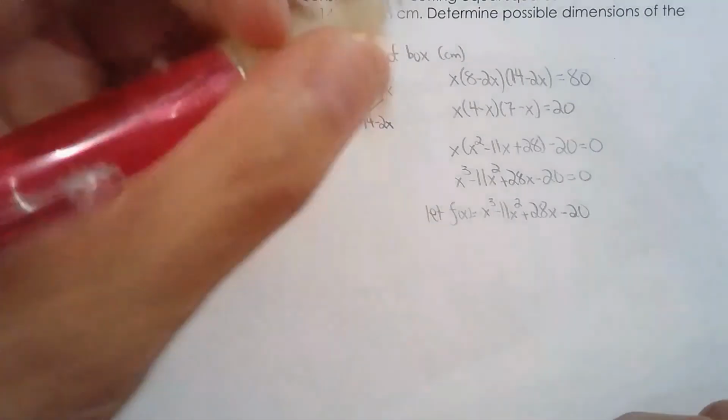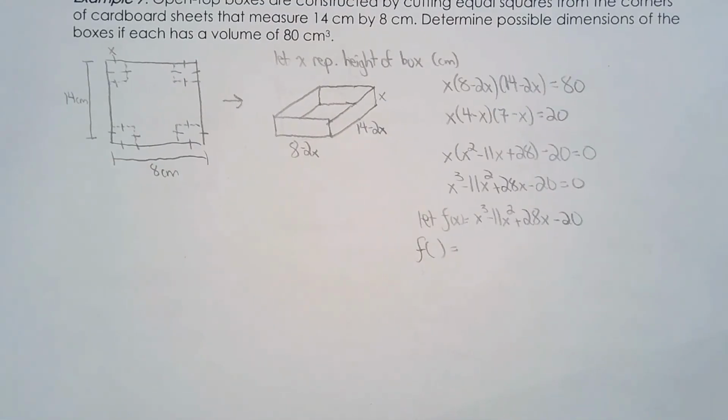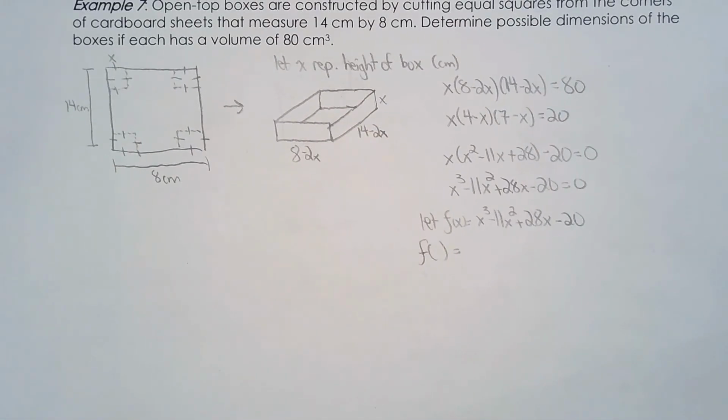Okay, so back to our game plan here: factor and then apply the zero product property. So let's see, what is a good friend here? Two is our friend here.